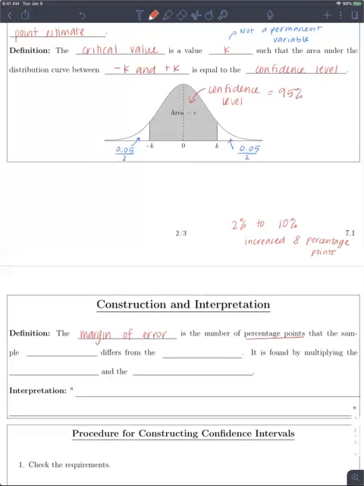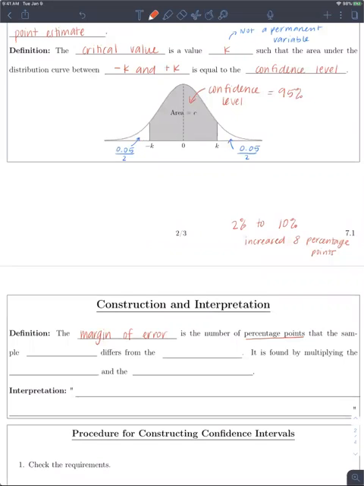Going from 2% to 10% is actually increasing it by, that's where I have trouble. 2% to 4% would be a 50% increase, I want to say, but that could be wrong. All I know is 2% to 10% is an 8 percentage point increase. And so, yeah, that's what I mean by percentage points.